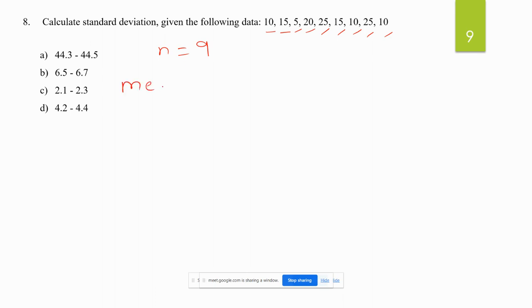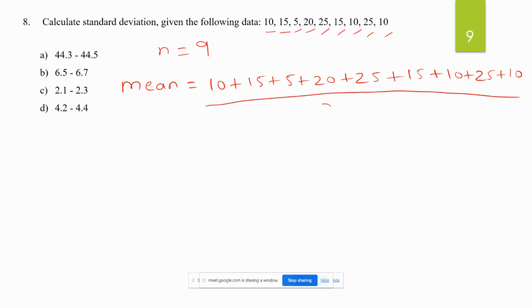To find the mean, we have to add everything: 10 plus 15 plus 5 plus 20 plus 25 plus 15 plus 10 plus 25 plus 10, divided by 9. If we add: 10, 25, 30, 50, 75, 90, 100, 125, 135. So 135 by 9 is equal to 15. Our mean has come to 15.